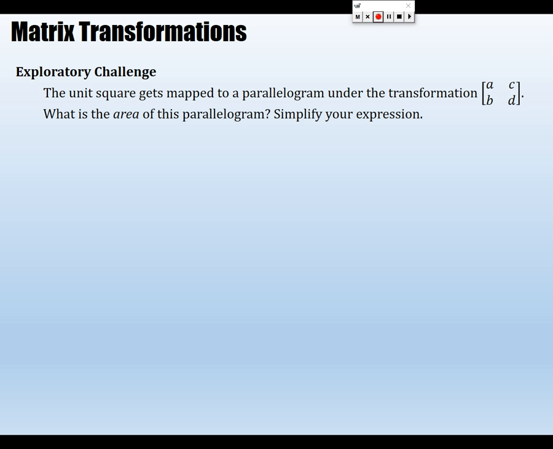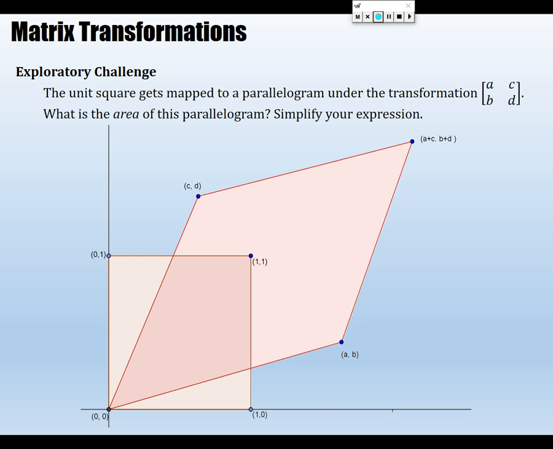So this one in particular, I'm using this matrix A, B, C, D. It's in your notes there, but I just want to show you. Here's the unit square, 0, 0, 1, 0, 1, 1, 0, 1. Under this mapping, assuming these letters are used, where does 1, 0 go?